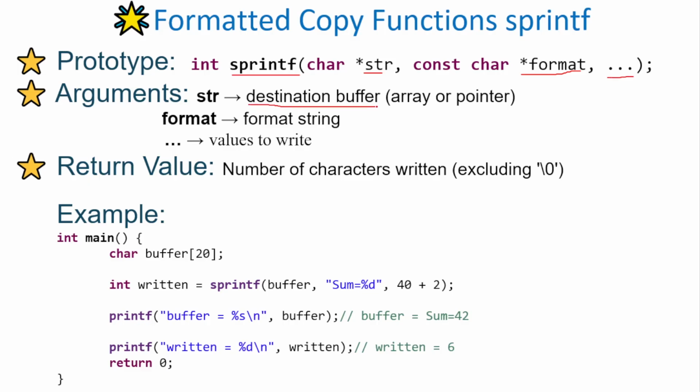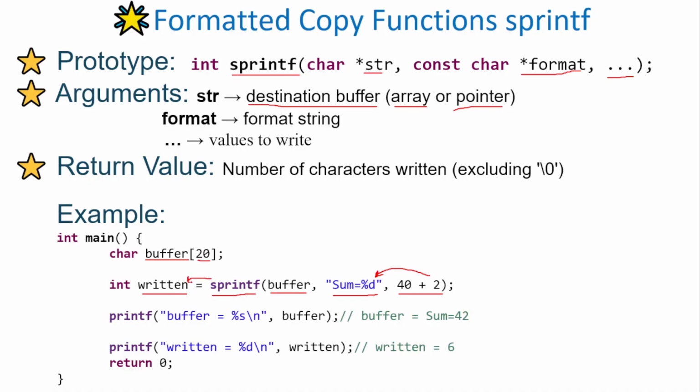In this example, we first create a character array named buffer with space for 20 characters, and then the sprintf function formats the text sum = 42 and stores it directly inside buffer instead of printing it to the screen. The expression 4 * 10 + 2 evaluates to 42, so the final string written into the buffer becomes sum = 42. The function also returns the number of characters written, which is stored in the variable written.